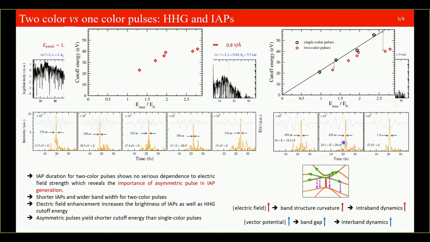This result is almost opposite to what we see from two color pulses, where the isolated attosecond pulse duration was almost independent of pulse intensity, which shows the importance of asymmetric pulses in isolated attosecond pulse generation.